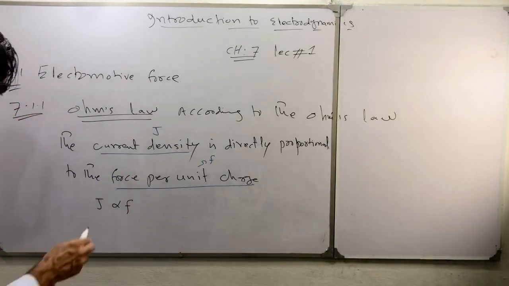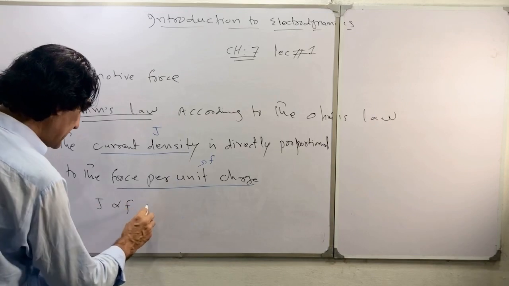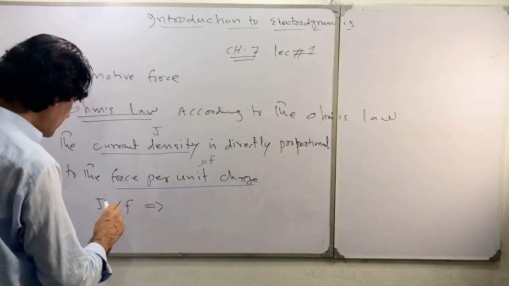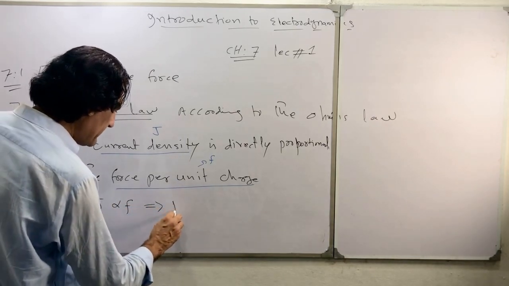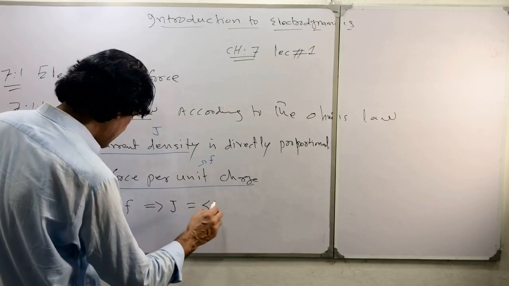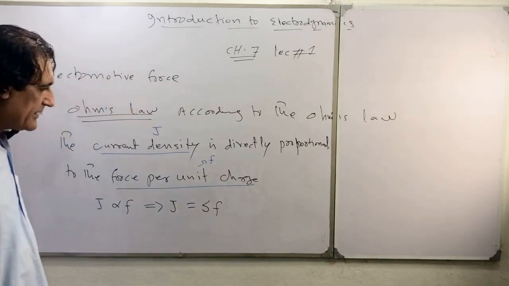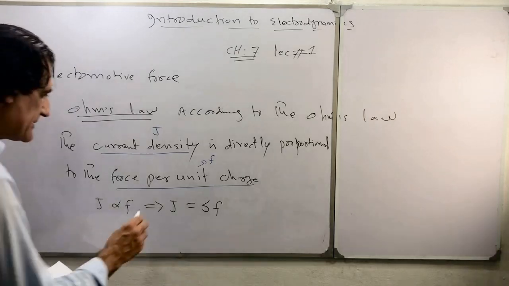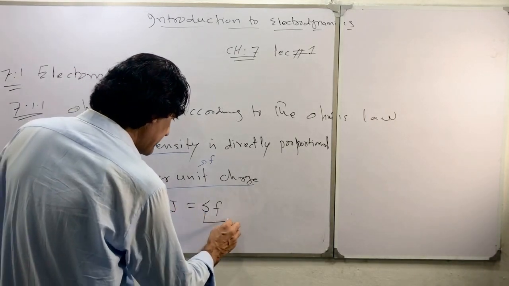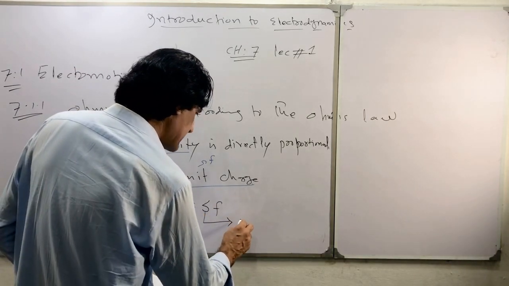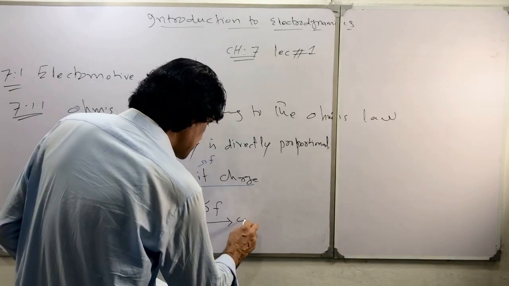So this is directly proportional to this, and further if we remove the proportionality, then we can get sigma F. Here sigma is the conductivity.